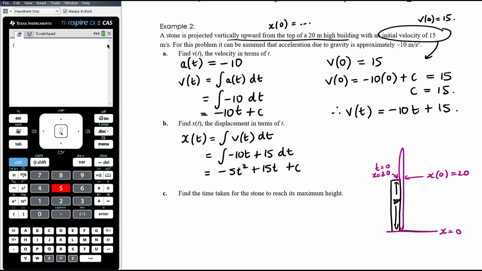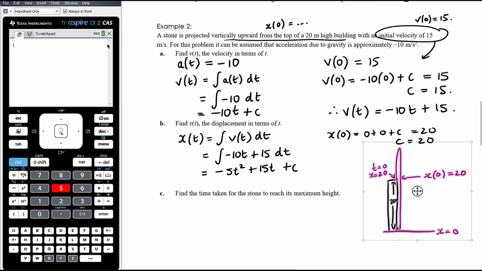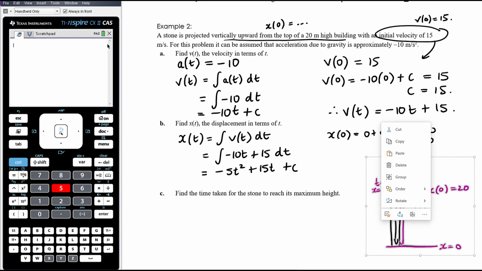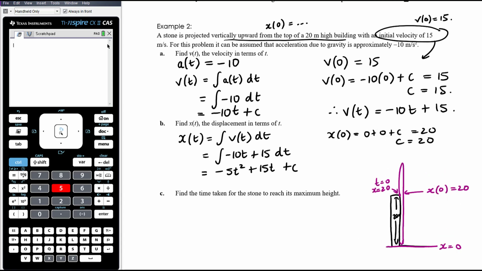So if we know that x of 0 is going to be 0 plus 0 plus c, we know that's 20, and so therefore c is 20, and so x of t is equal to negative 5t squared plus 15t plus 20.